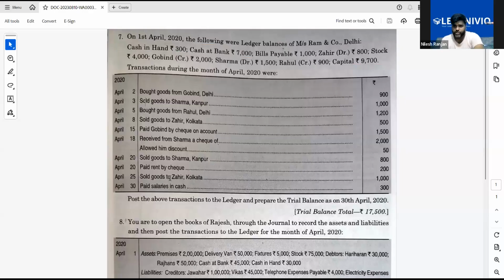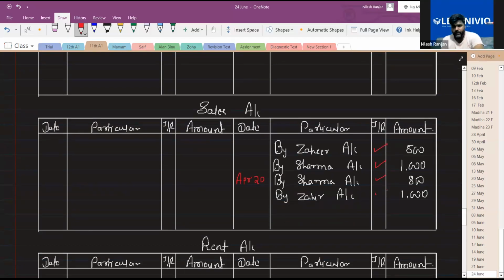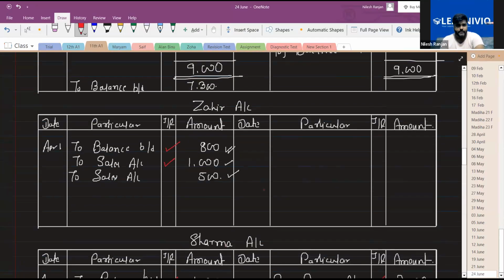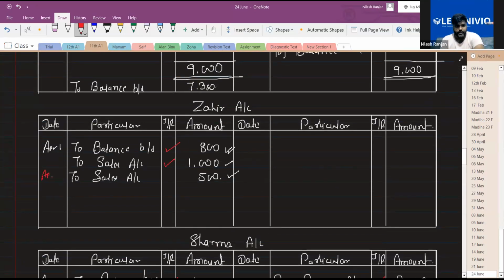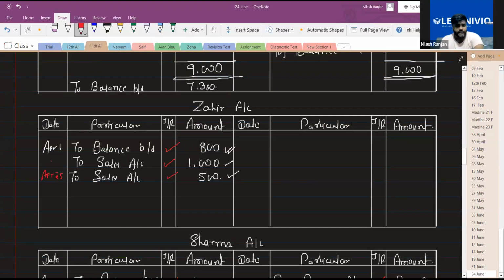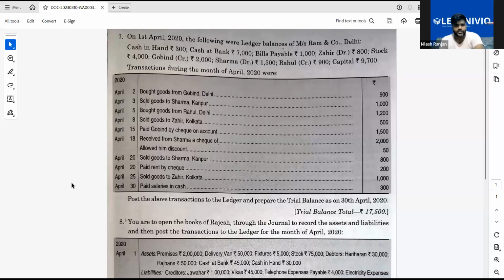And then it is sold goods to Jahir, Kolkata, 1,000. Jahir account debit to sales. So by Jahir, it is April 25. Actually, it is 1,000. 1,000 is written above. This is April 25. So in this transaction there is a mistake.